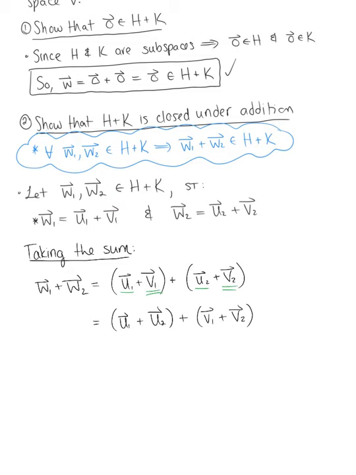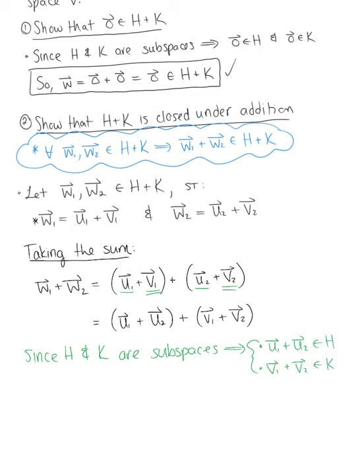And we can make a note here: since H and K are subspaces on their own, this tells us that the sum of vector U sub 1 and U sub 2 is in H, and the sum of vector V sub 1 plus V sub 2 is in K.